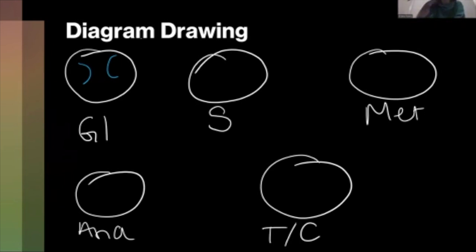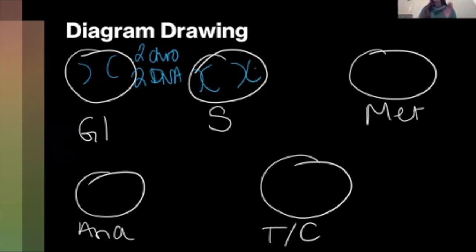So here we have 2 chromosomes. Remember to count the centromeres. So there's 2 centromeres, so there's 2 chromosomes, and 2 DNA molecules because there's 2 sticks. We go to S phase and we know that we make sister chromatids. So count those centromeres again. We got 1 centromere, 2 centromeres.